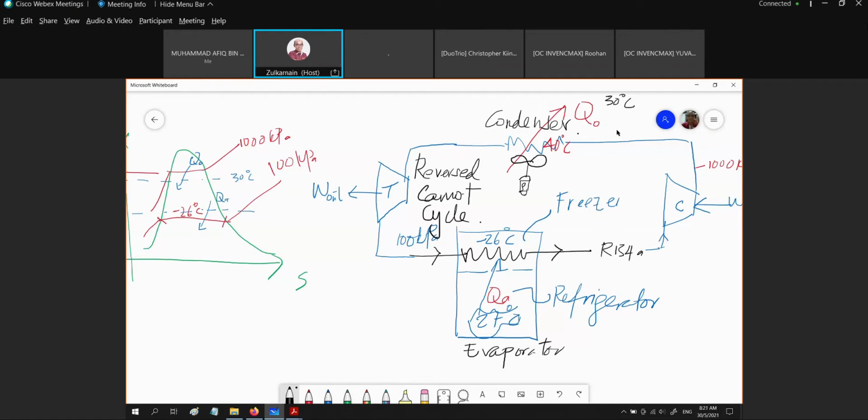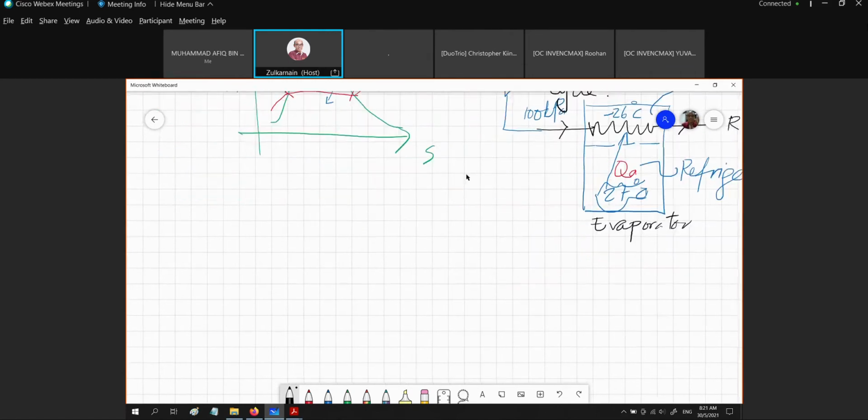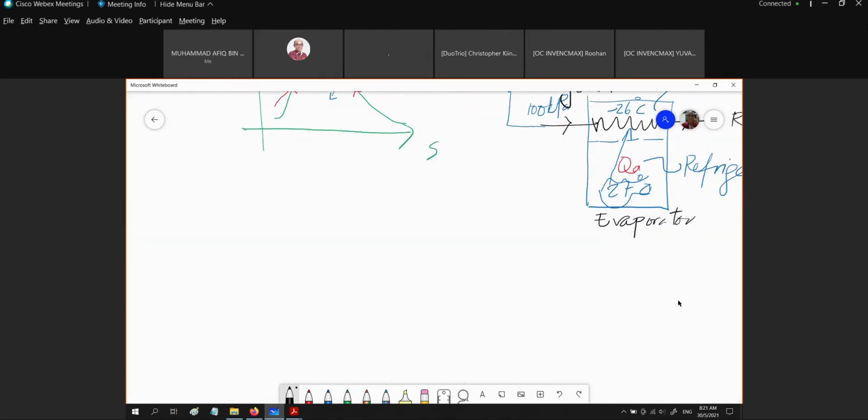In other words, we could sketch the refrigerant cycle on the TS diagram. So let us get the cycle on TS. This is our rejection, this is our compression, this is our expansion, and this is our heat absorb.